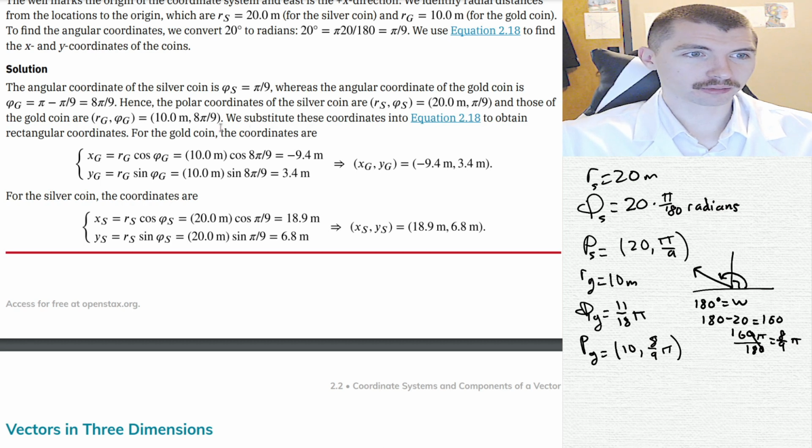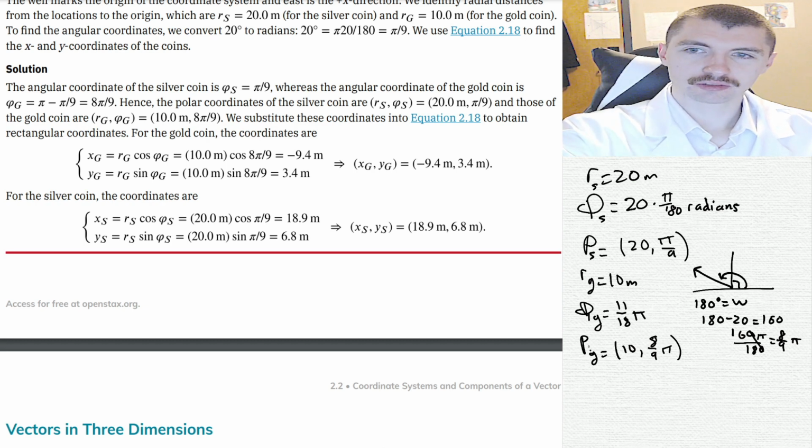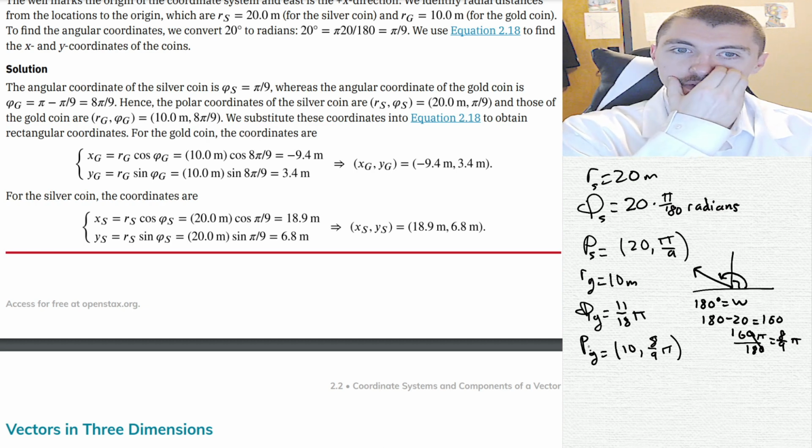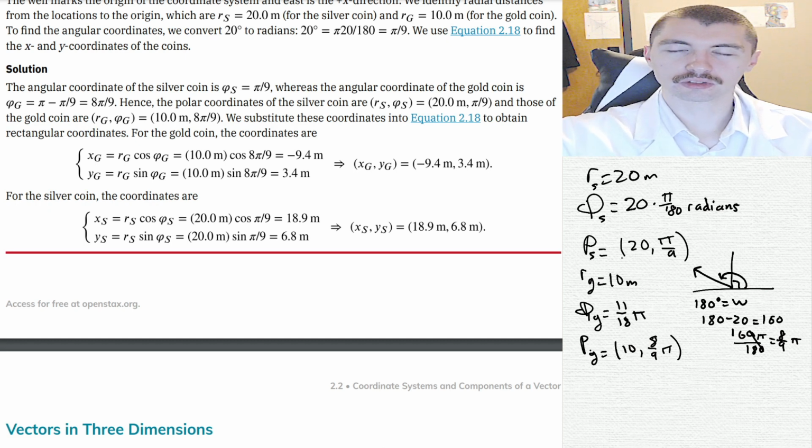Substitute coordinates to obtain rectangular for the gold coin. Coordinates are okay. So with the polar coordinates, we want to know, or it doesn't really matter, right?